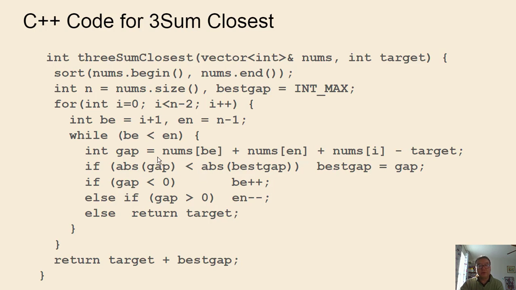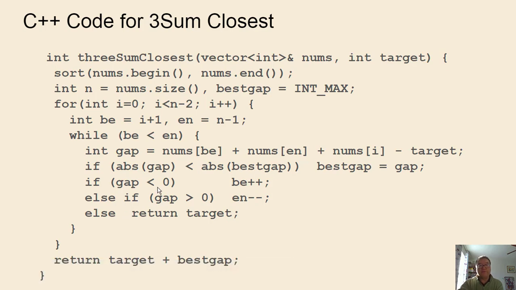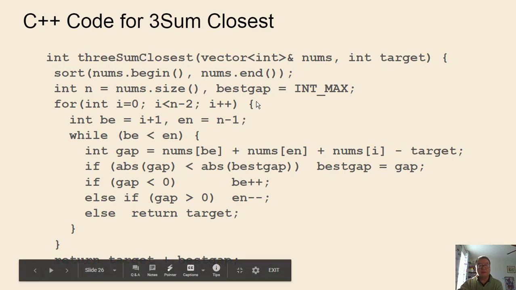We have looked at all possibilities, and we look at the gap we get by using the 3 numbers. If the absolute value of this gap is less than the absolute value of the best gap, then we remember this gap. This is a better solution than what we remembered before. Then we update the 2 pointers. When the sum equals the target, we know we have reached the target, so it's not possible to do any better, and we can simply return the target.